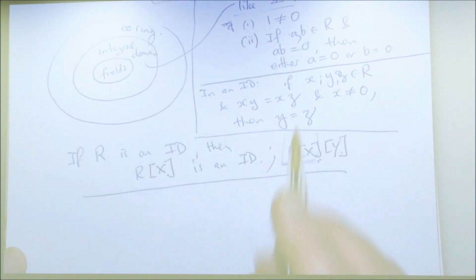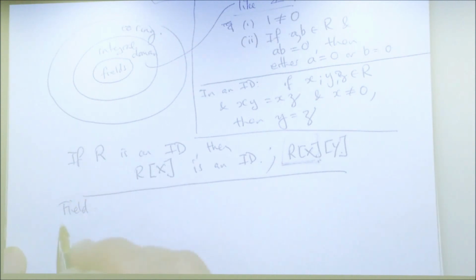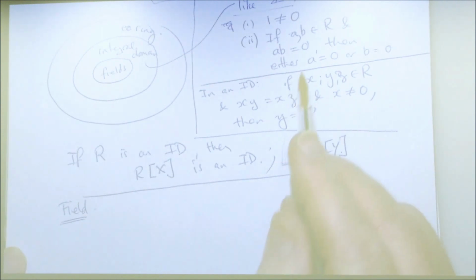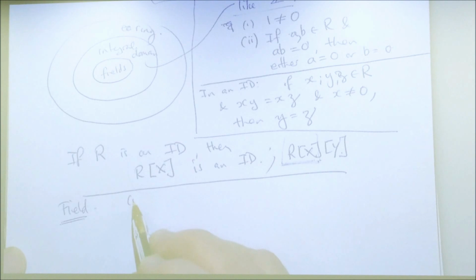Okay. Now a field is a very special type of integral domain. It has the property that, once again, you insist that 1 and 0 have to be different.